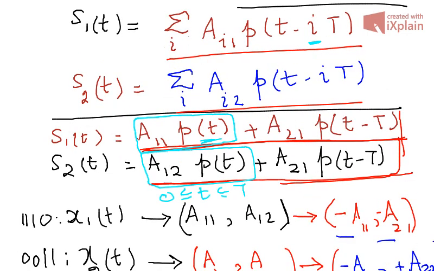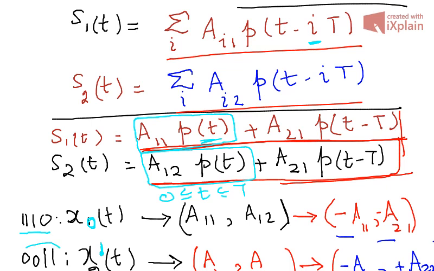So just change this one. Suppose we are transmitting x naught of t for this symbol, and then we are transmitting x1 of t. This is x1 of t when we transmit these bits.